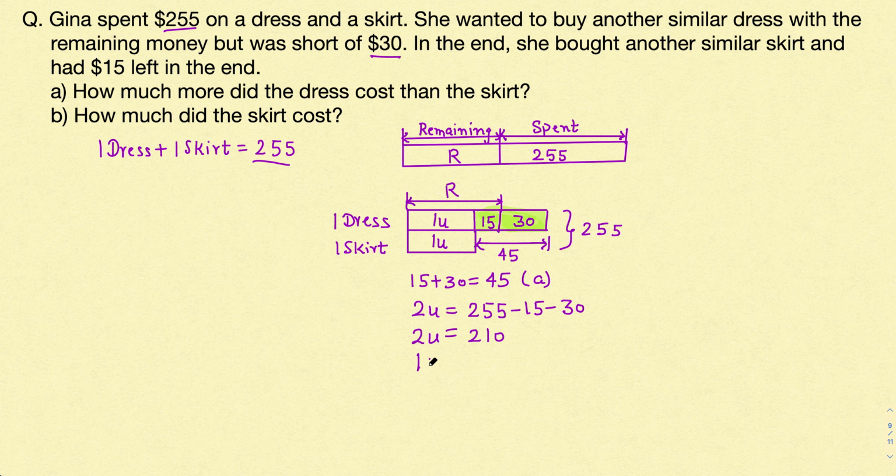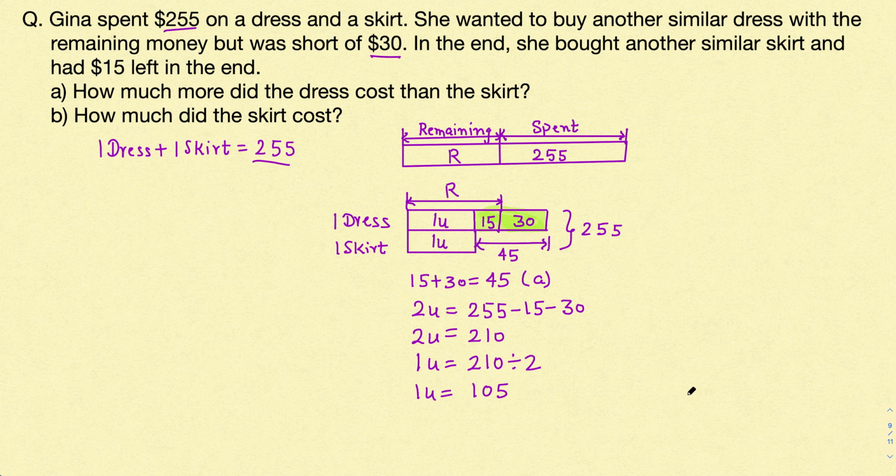So how much will be our 1 unit, right? So 1 unit will be 210 divided by 2. So that will give us 105, right? So 1 unit will be 105, and that's the cost of the skirt. Because the cost of the skirt in the model is 1 unit, so the cost of the skirt is $105, right?